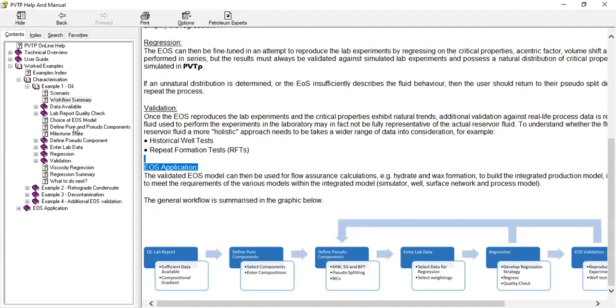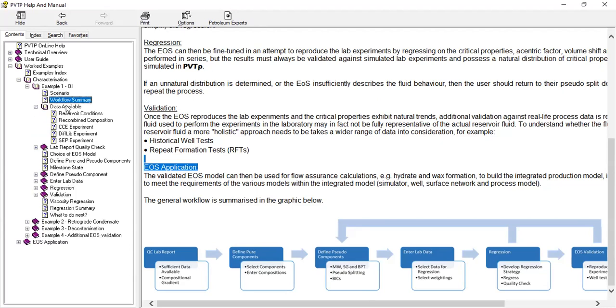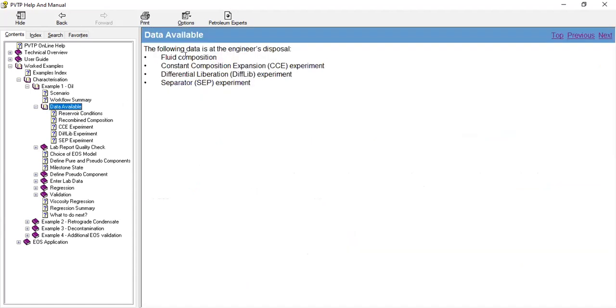So from workflow summary, now we will check the data available. The following data is at the engineer's disposal. We have this data: fluid composition, constant composition expansion or CCE experiment, differential liberation or DL experiment, and separator SEP experiment.